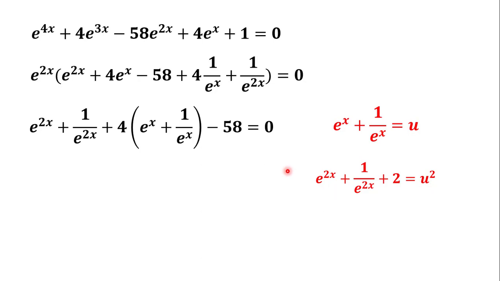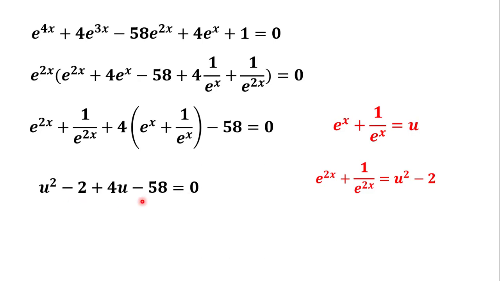By replacing e to the power 2x plus 1 over e to the power 2x by u squared minus 2, and replacing e to the power x plus 1 over e to the power x by u, we get u squared minus 2 plus 4u minus 58 equals 0.